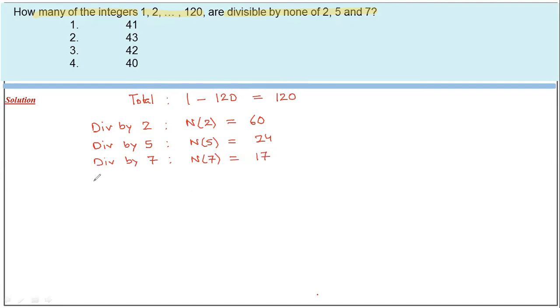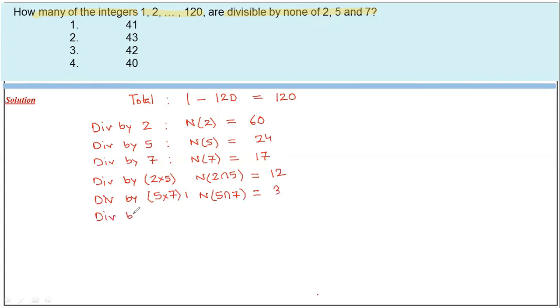Divisible by 2 and 5, such numbers would be 12. Divisible by 5 and 7, three numbers.